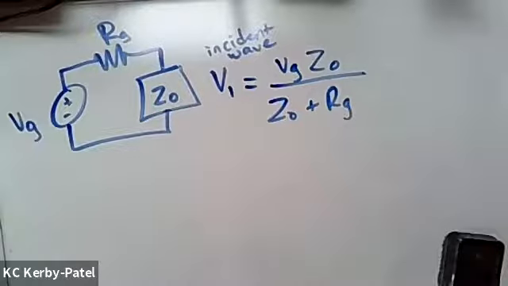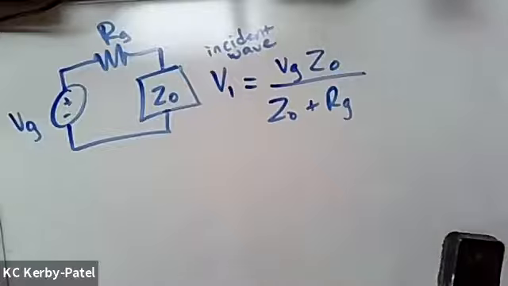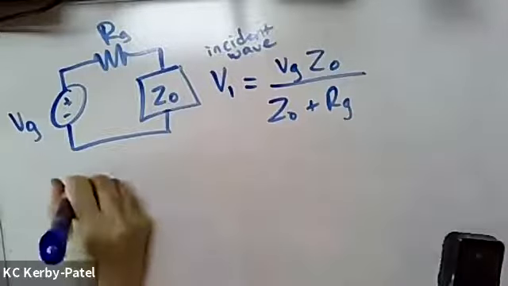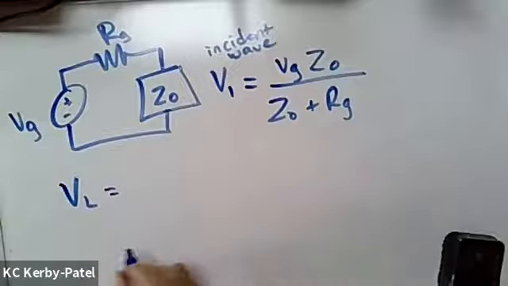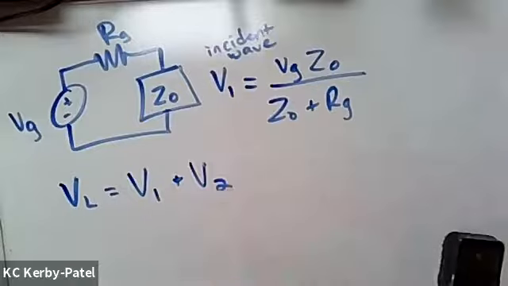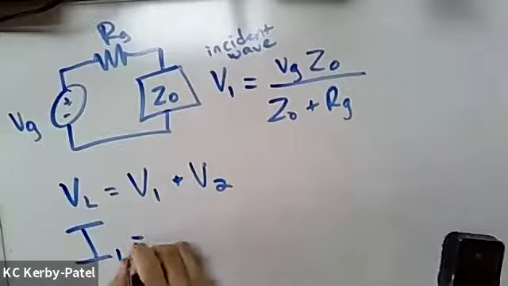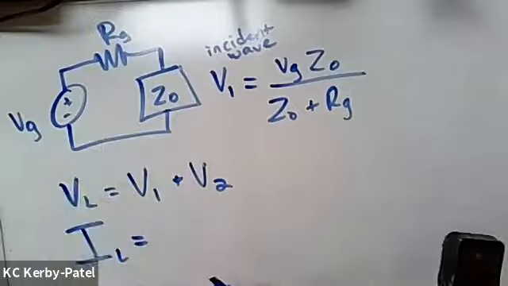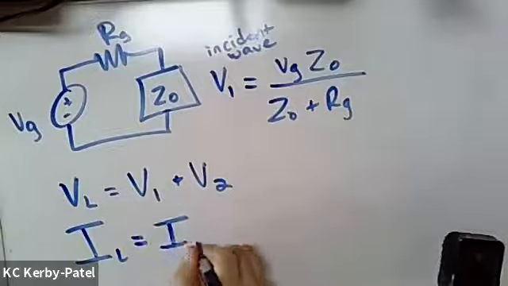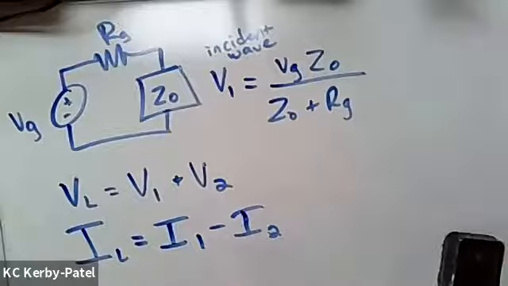But then when it reaches the load, some other stuff has to happen. The voltage across the load is the sum of the forward going voltage wave and the backwards going voltage wave. So we've got V1 plus V2 there. And the current that is actually flowing through the load is equal to I1 minus I2, because these two currents are going in opposite directions because the two waves are going in different directions.